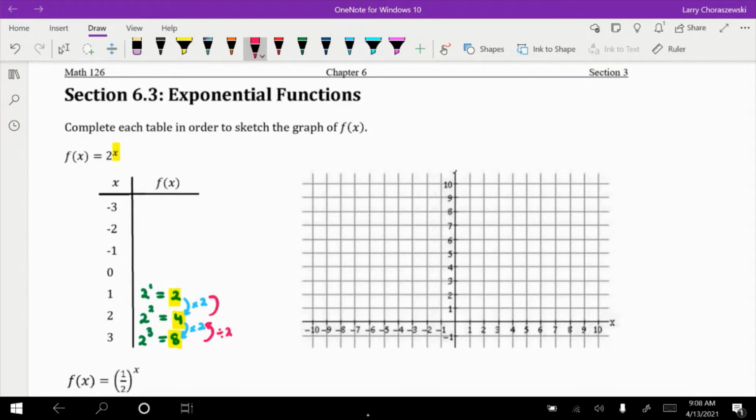To go from 4 to 2, we divide by 2. And we're going to continue in this trend to get the y value for when x is 0. All right, any offers on what that might be? It would be 1.